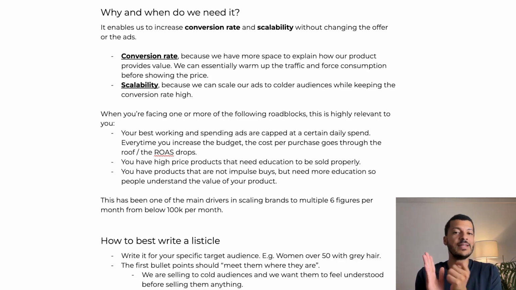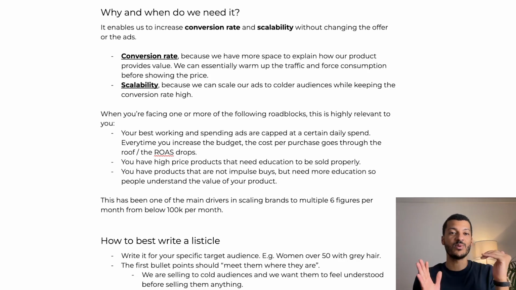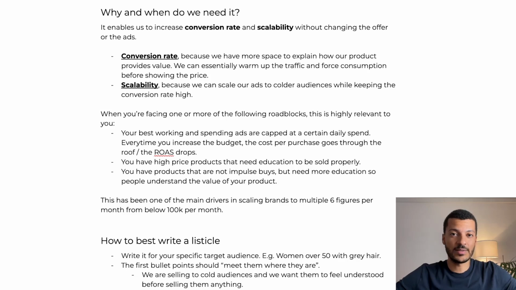So they didn't need a lot in order to be convinced to purchase. But the more we scale our budgets, the more we are tapping into audiences that might not be as ready. And this is the real reason why your return on ad spend goes down beyond a certain daily spend.